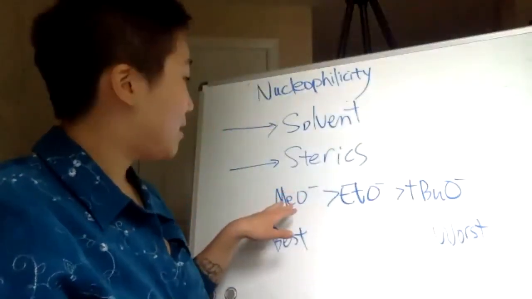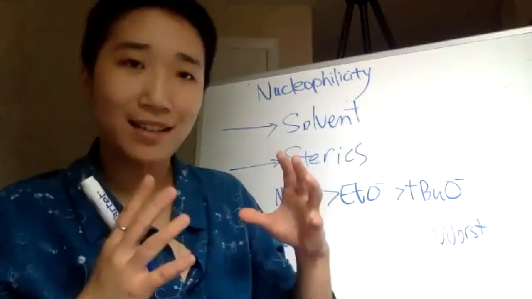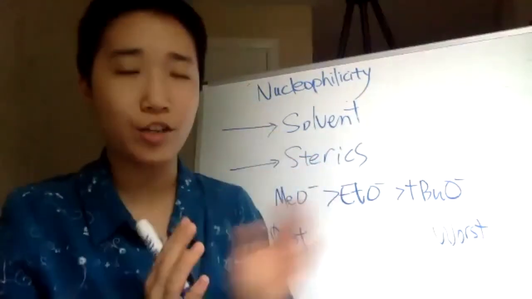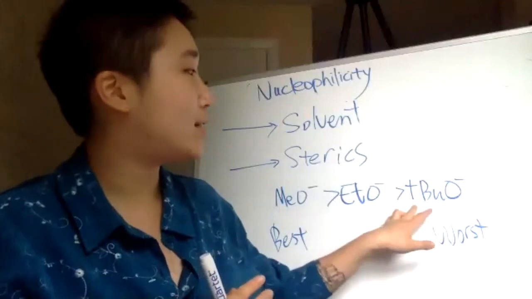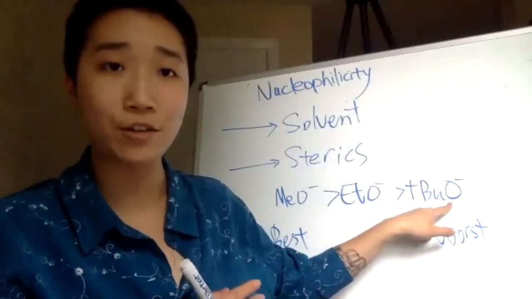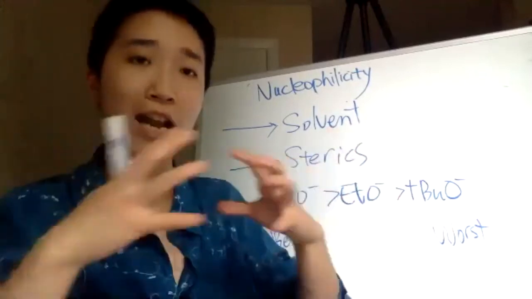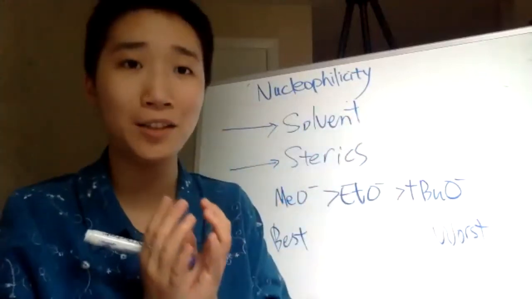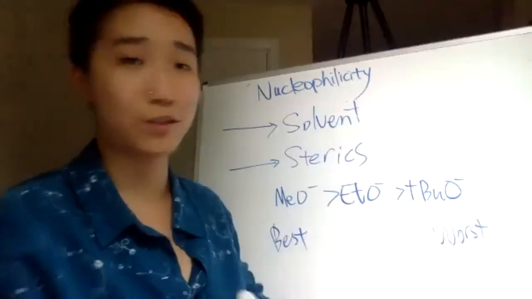Imagine you have methoxy, which is very tiny. It's a very concentrated charge on the oxygen, versus t-butoxide, where your concentrated charge can actually be delocalized around the entire molecule. It does not look like the drawing that we actually do.